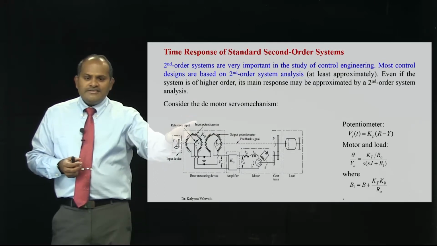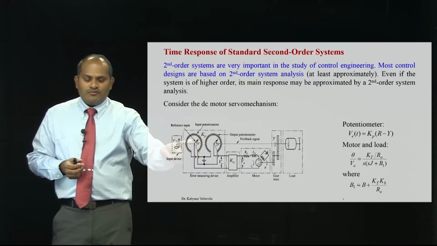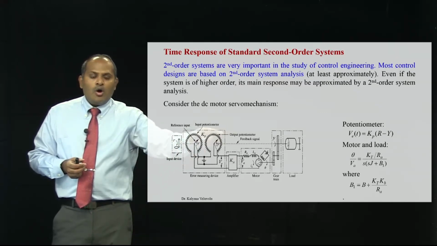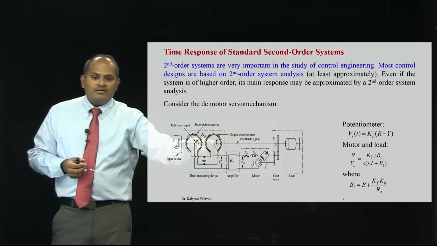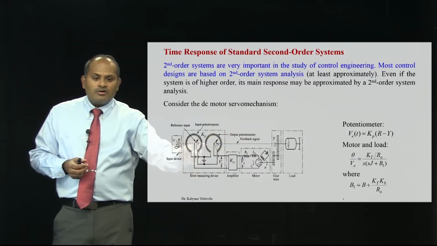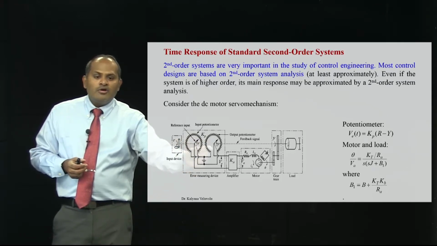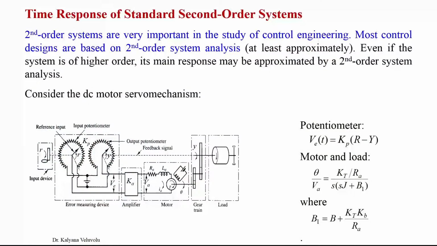Now when I change this reference voltage, depending on the voltage here and the output speed, the voltage will be different. The difference between input and output becomes the feedback, and it is fed to the amplifier.